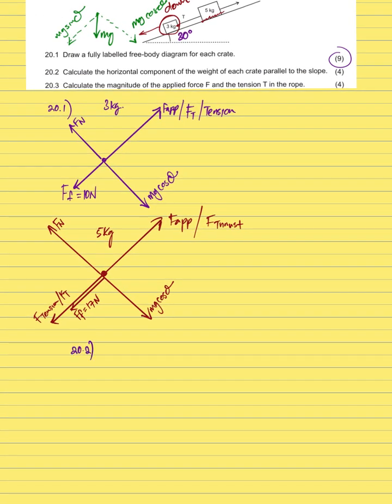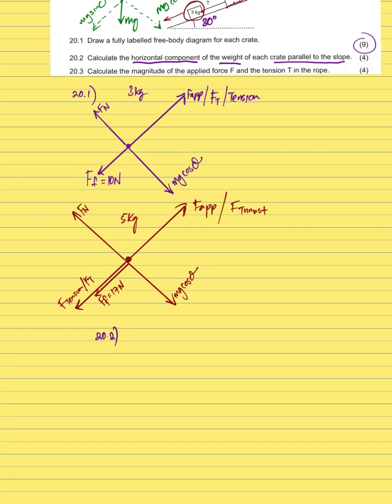It says calculate the horizontal component of the weight for each block parallel to the slope. So right at this point, if I'm looking at that type of force, they want to know naturally what's going to happen to each of these objects. So when we talk about a horizontal force in these sorts of situations, we're looking at its natural way.